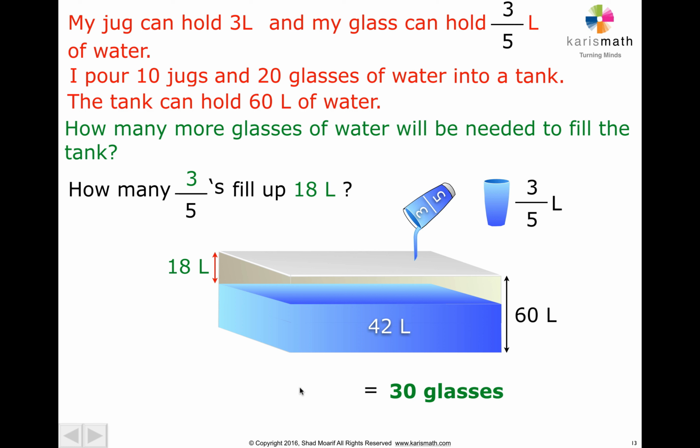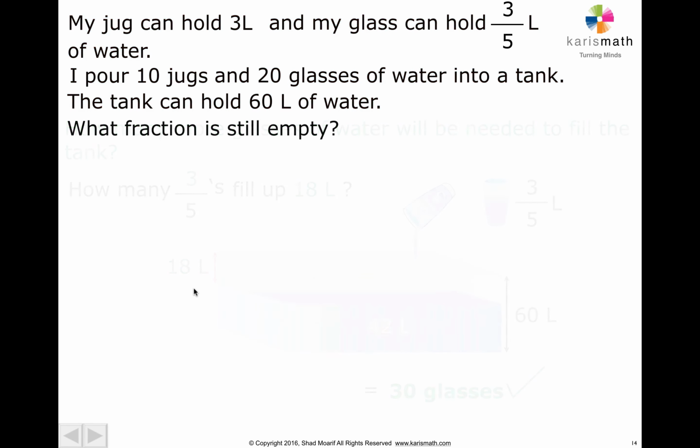There you go. Now, the first question, how do you do it mathematically? Actually, it's not all that complicated. If you want to do it just with numbers, think about it this way. My jug can hold 3 liters, and my glass can hold 3/5 liters, right?